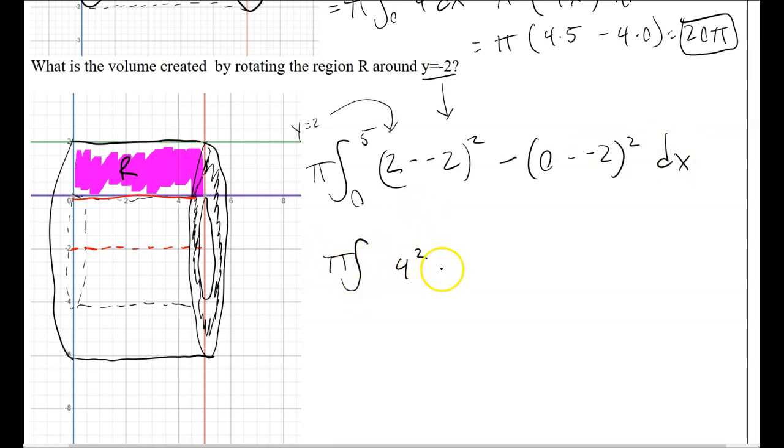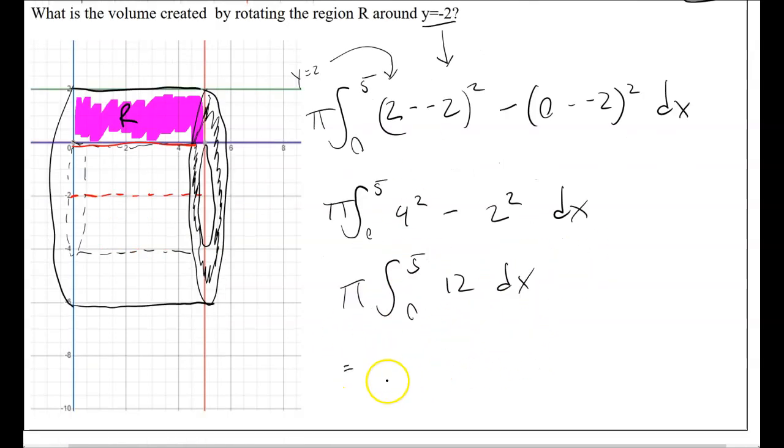And again, this is math that I could do using my geometry formulas, but we're building towards being able to tackle more complicated situations here. So we get 16 minus 4. So 5 times 12 minus 0 times 12 is 60 pi. And what's cool about this is if I took pi r squared times the height to get my outer cylinder, and then I did the same for my inner cylinder and subtracted the two, I get the same result.